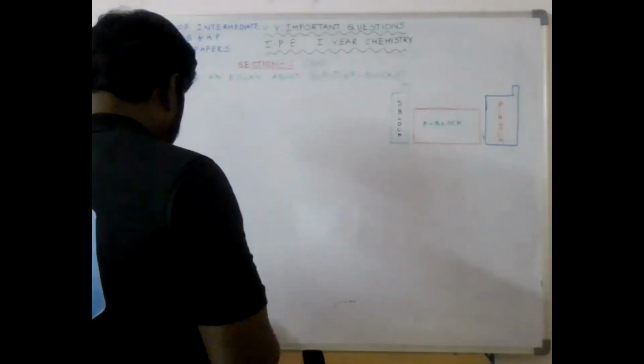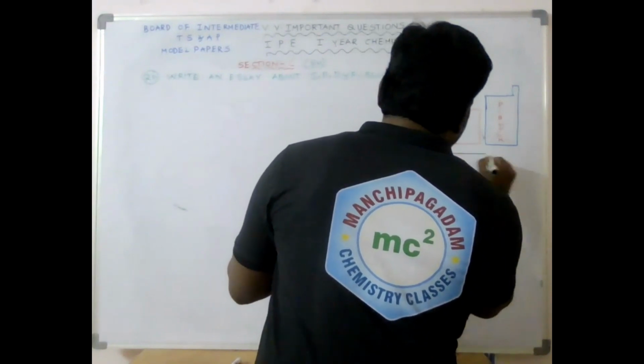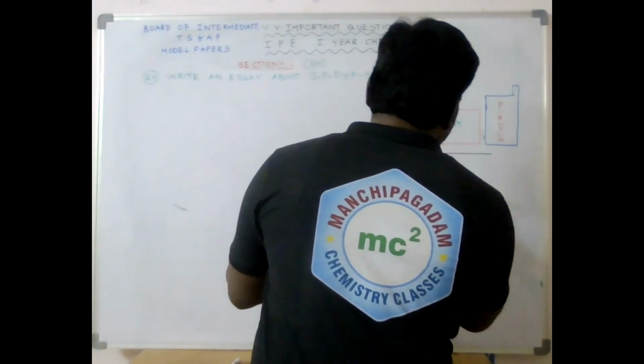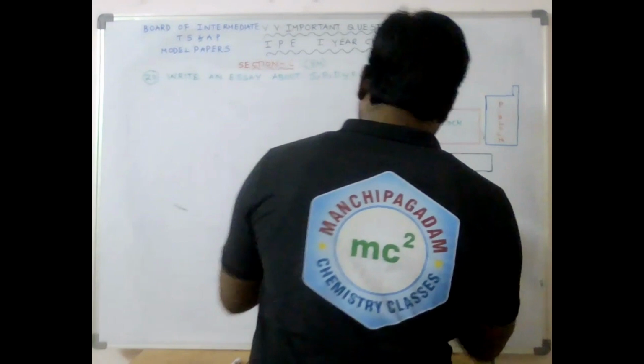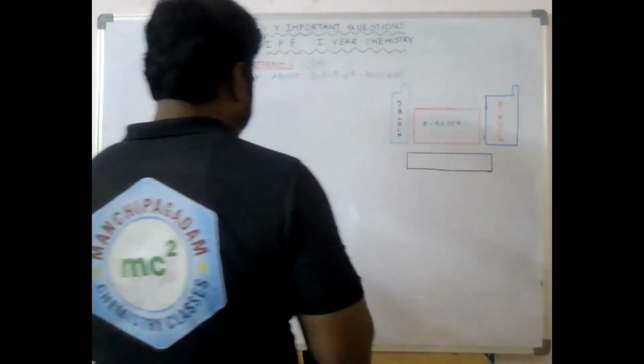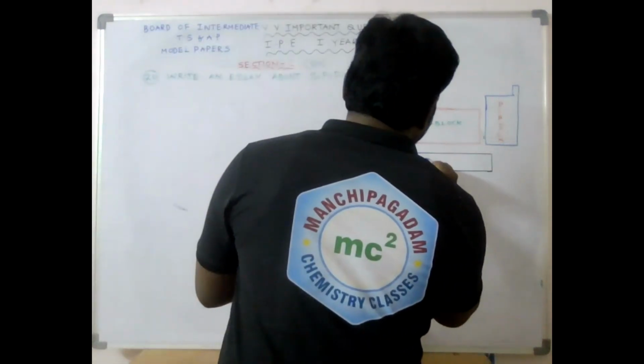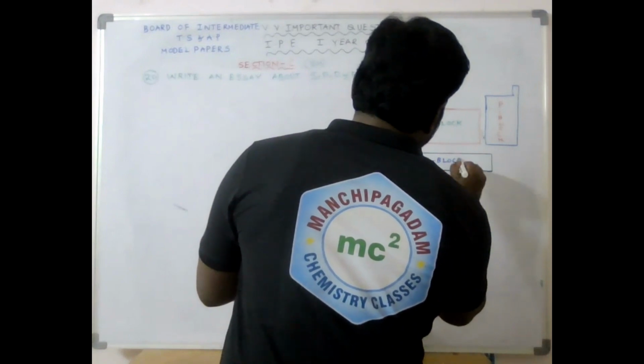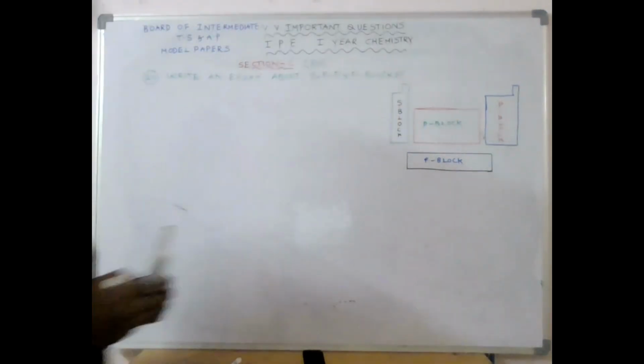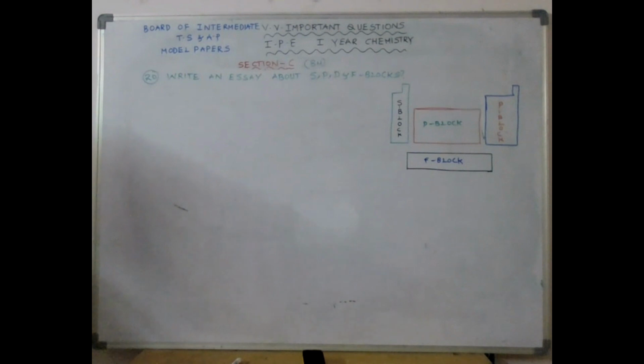S, P, D and F. Right? Here we will take F block. This is F block. Better to draw this also, so that they will understand, we have some idea about the periodic table.